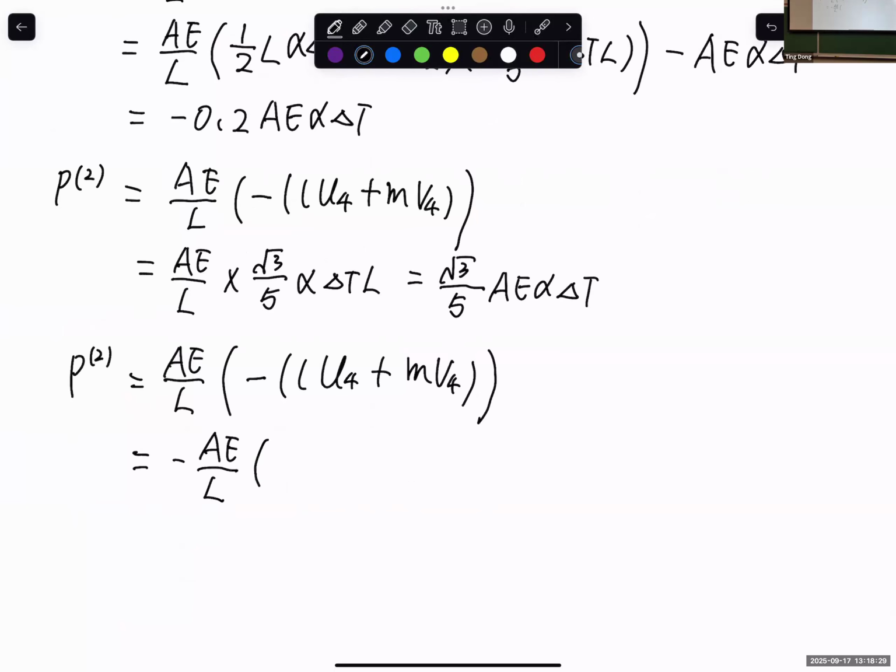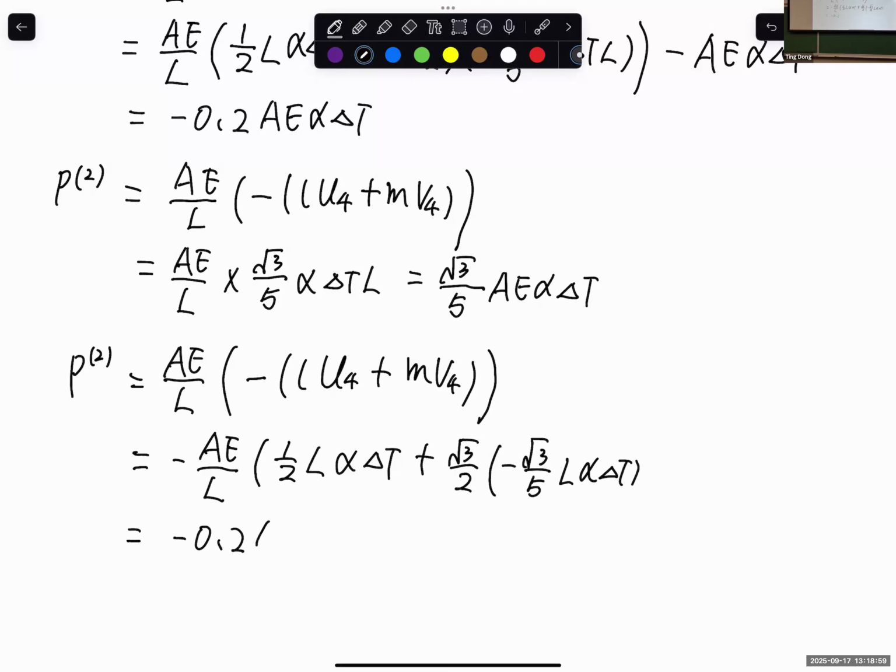So we have 1/2 L alpha delta T, and V4 negative L alpha delta T. So we have negative 0.2 AE alpha delta T. Again, for element 3, there's no temperature change.